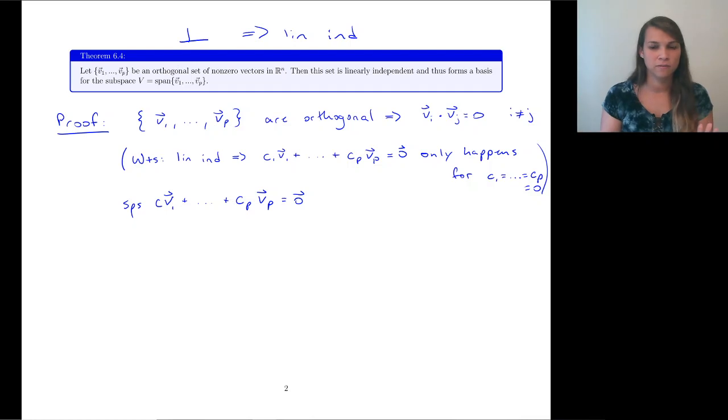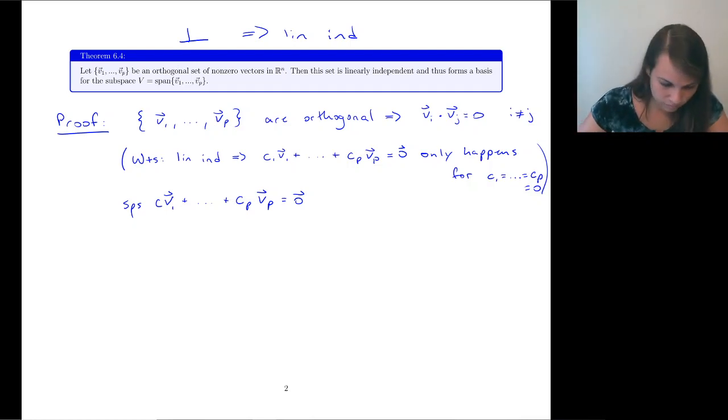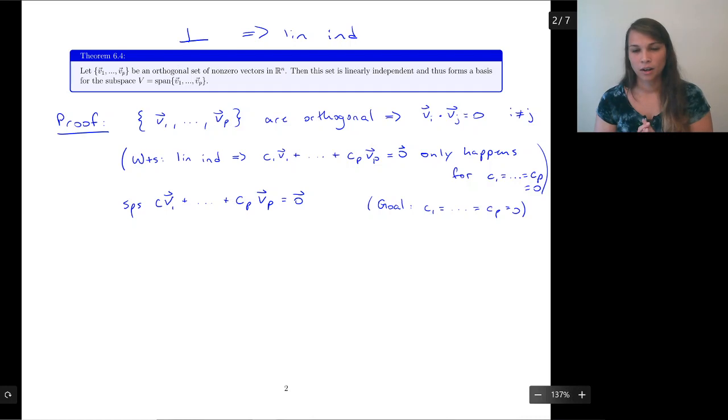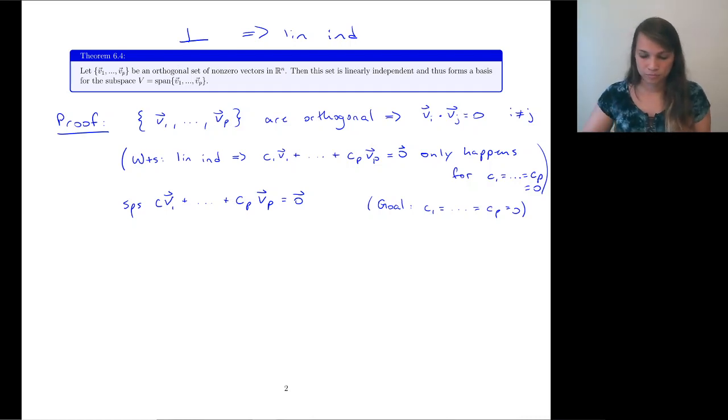Pause the video, see if you can figure out where it's going to go. Okay. So suppose we've got the linear combination equal to 0. Over here, I'm going to just put a goal: c1 equals through cp equals 0.